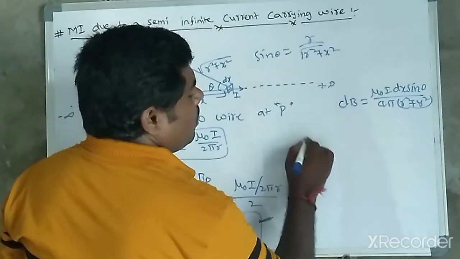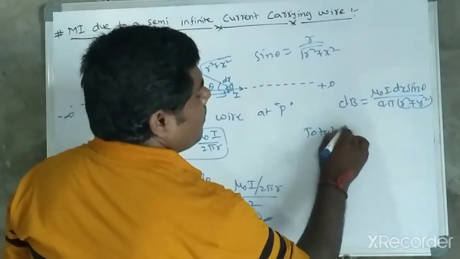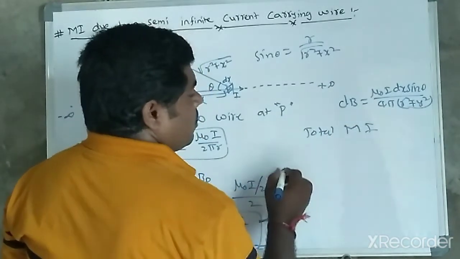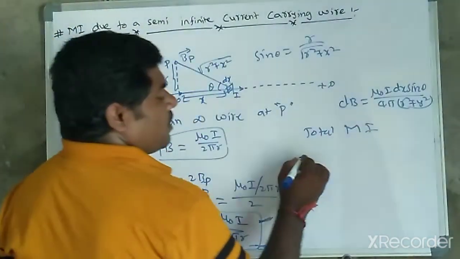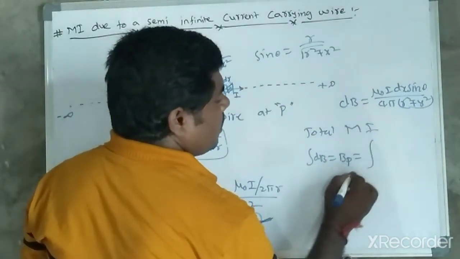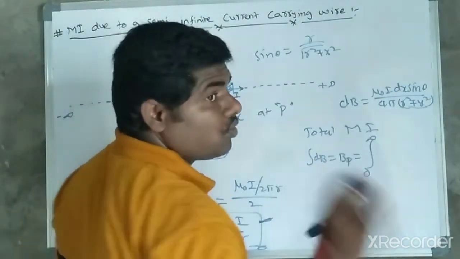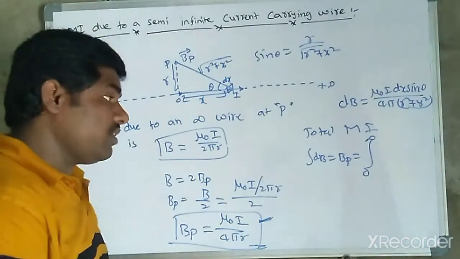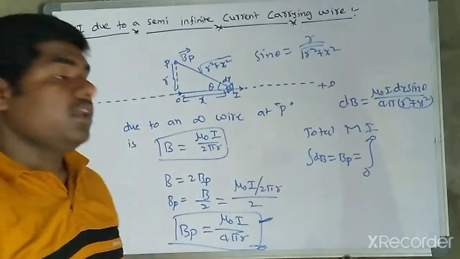So in total, the magnetic induction at point P is integral dB, with the integral here from 0 to infinity. Don't take minus infinity to plus infinity here, take 0 to infinity.